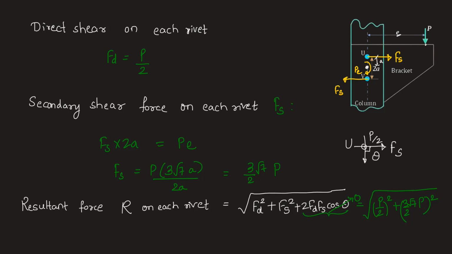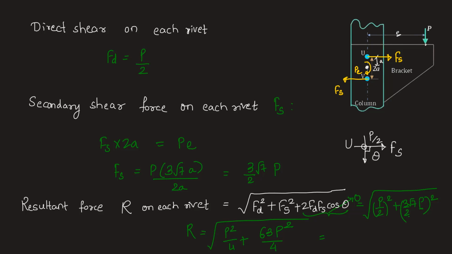Here we will get R equal to under root of P squared by 2 squared, which is 4. So we have P squared by 4, plus 3 squared which is 9, into root 7 squared which is 7. So in the numerator we will have the coefficient of P squared as 9 into 7, 63, divided by, in the denominator, 2 squared as 4.